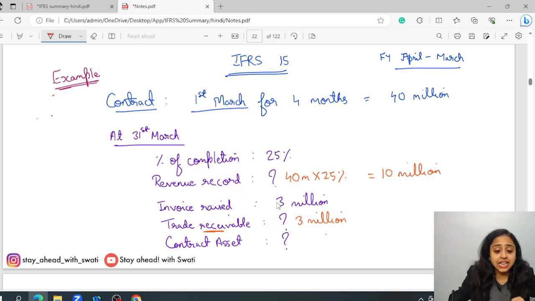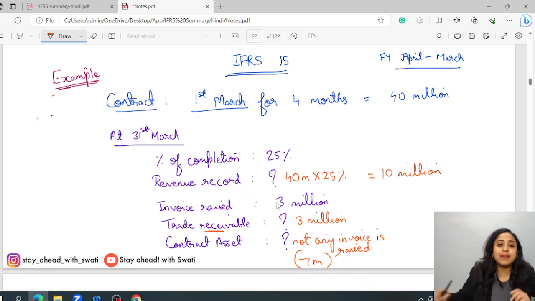Now contract asset is equal to the amount for which no invoice is raised. So out of 10 million of the revenue, for only 3 million the invoice is raised. This means for 7 million the invoice is not raised.